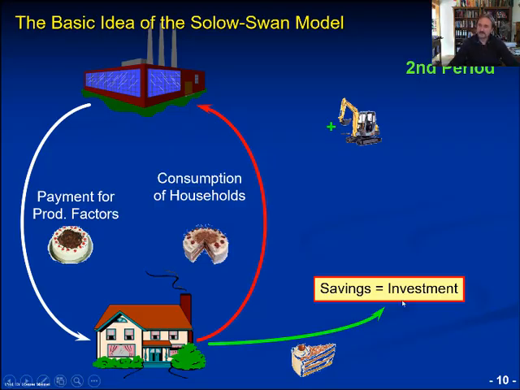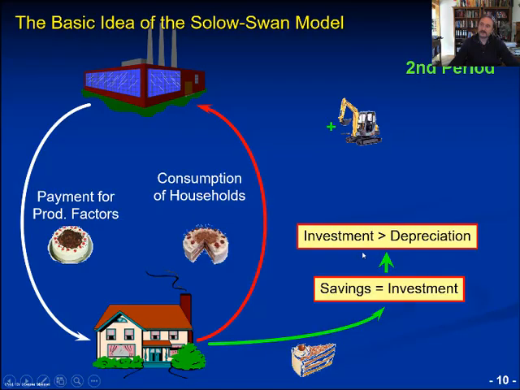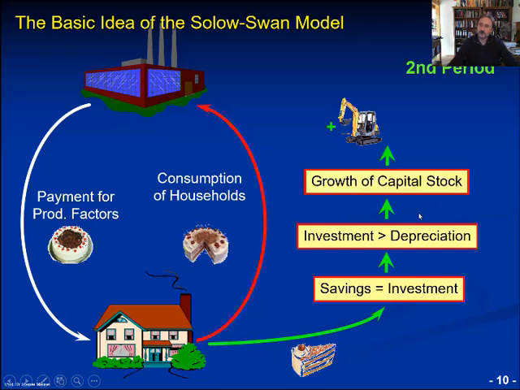The capital market takes care that savings supply by households equals investment demand by private companies. If investment demand by private companies is larger than the depreciation of physical capital, the capital stock grows once again, and we can add an additional treasure to the capital stock.